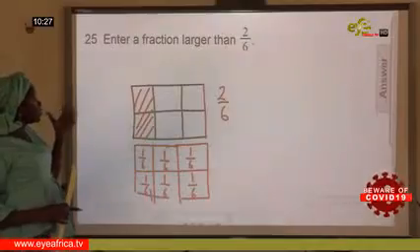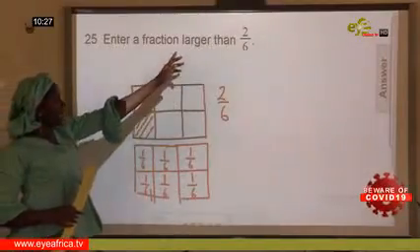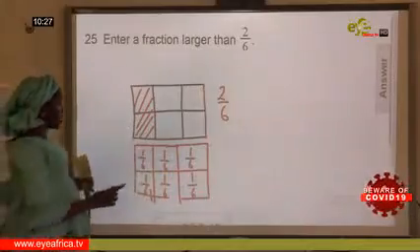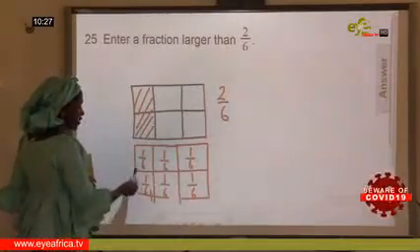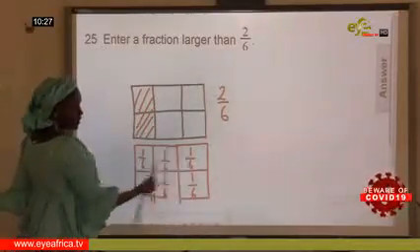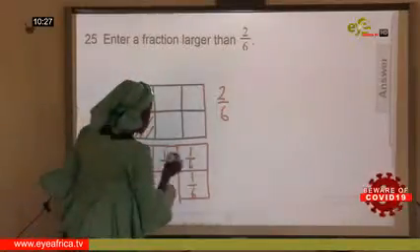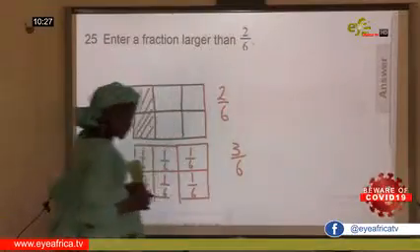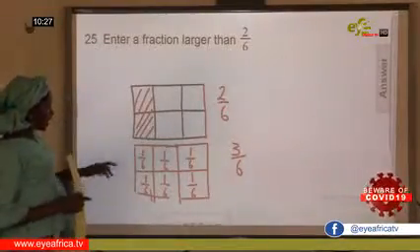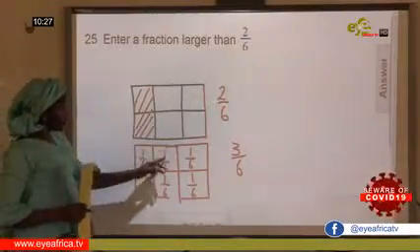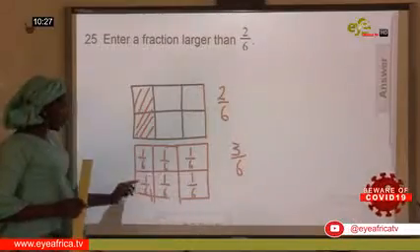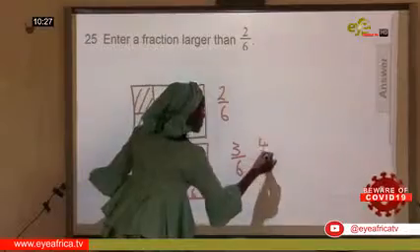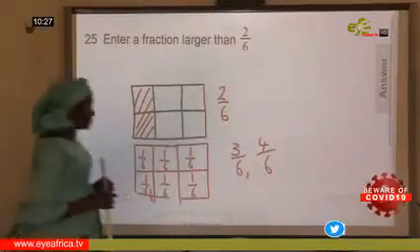So, to have the same denominator, which are larger than or greater than 2/6, we may have 3/6, whereby we will add 1 plus 1 plus 1, which is going to give us 3/6, or we can have 1/6 plus 1/6 plus 1/6 plus 1/6, which will also give us 4/6.